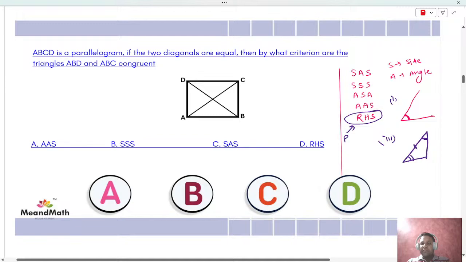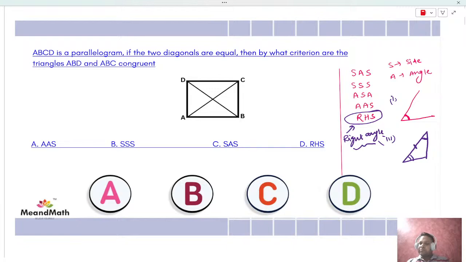This is specific for right angle triangle. तो RHS एक ऐसा क्राइटेरिया है जो सिर्फ राइट एंगल ट्राइंगल में ही एप्लीकेबल है. Is that clear? This is the basic idea. In RHS, in a right angle triangle, if both hypotenuses are equal and any one side is equal, then both right angle triangles are congruent. Okay, तो ये बेसिक आइडिया है.